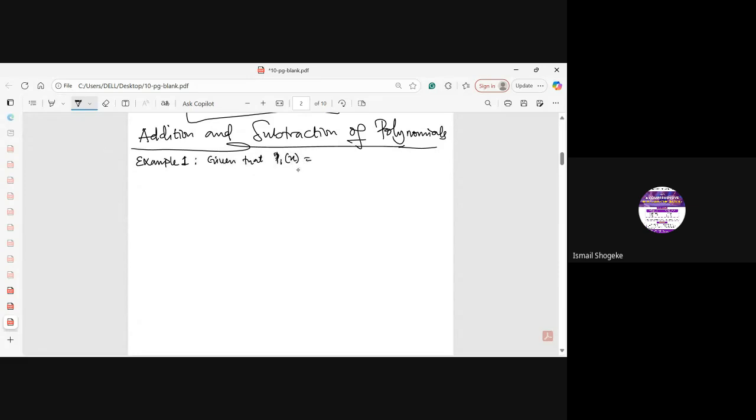Say it just the way I'm saying it, P1 of X. That's how we call this. P1 of X is equal to 7x cubed minus 4x squared plus 3x plus 4, and P2 of X is 5x squared plus 6x plus 1, and P3 of X is 4x cubed plus 2x minus 3.